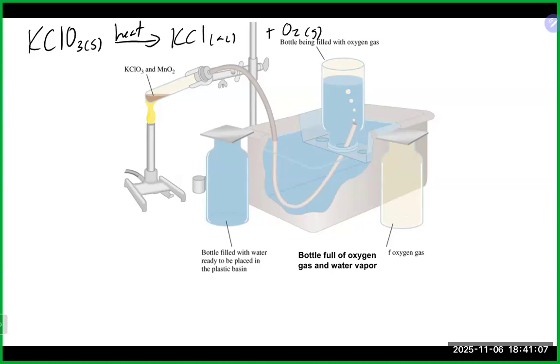So as you start to torch this thing, it will decompose and make some oxygen gas, and this test tube is hooked up with tubing where the oxygen gas will go through the tubing, which is underwater at this point usually, and it will go into a collection jar.